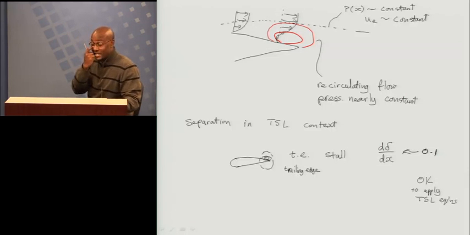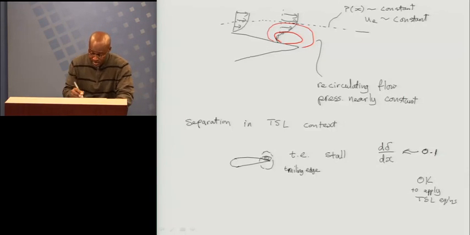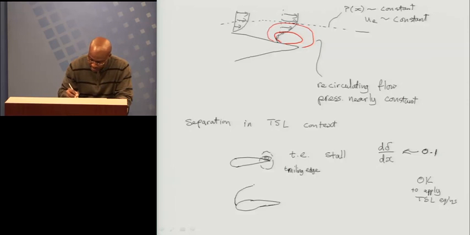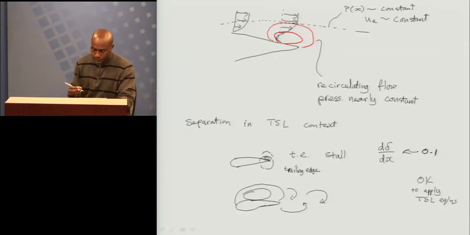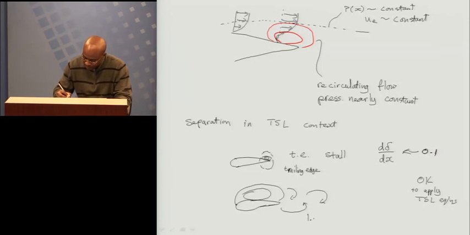But say we had leading edge stall. So say we had our airfoil, and separation occurs right at the start. So we have separation here, areas of recirculation, and we'd have our shedding. So we have separation occurring at the leading edge: leading edge stall.